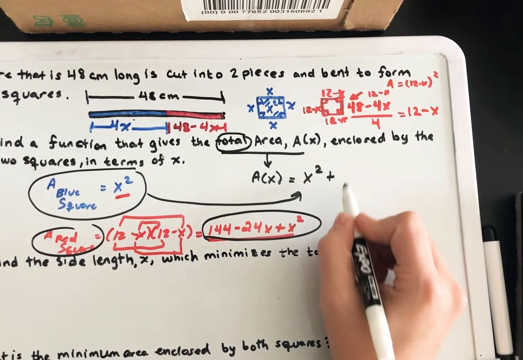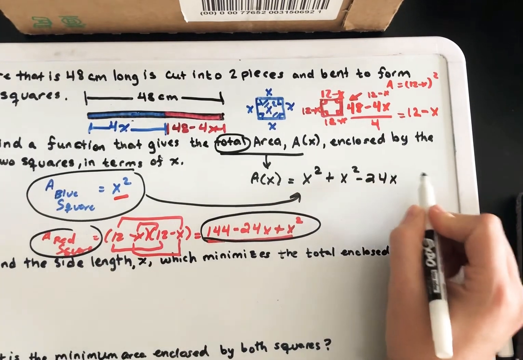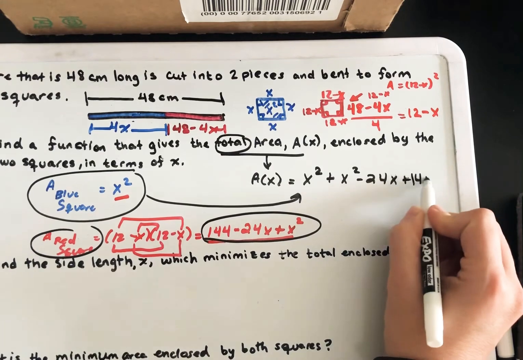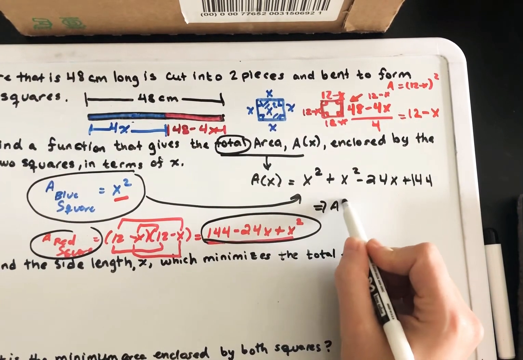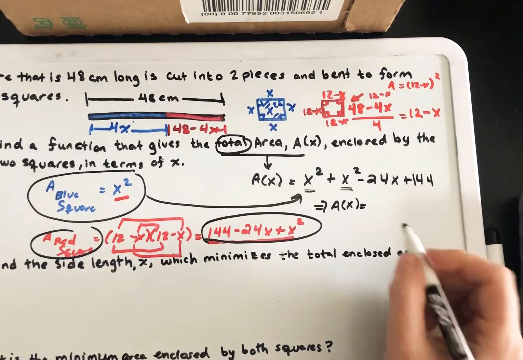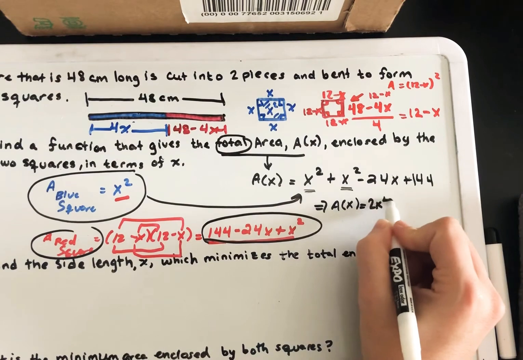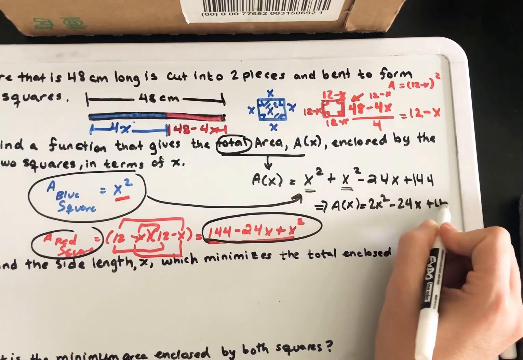So that would be, if I put my like terms close by, x squared minus 24x plus 144. And when I simplify that, the total area enclosed by both squares would be 1x squared plus 1x squared, which is 2x squared, minus 24x plus 144.